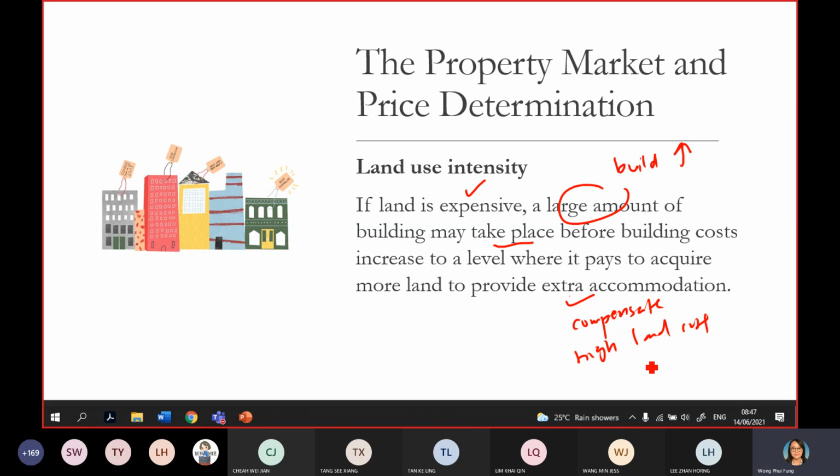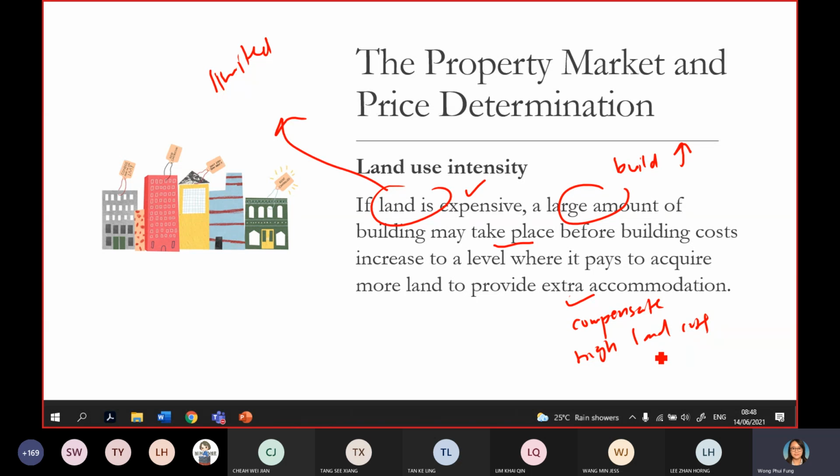That is the reason why in KL, in city center, we need to build higher, because the land is very expensive. Why is the land very expensive? Back to the fundamental, because the land is very limited in city center. So because the land is limited, the cost is very high.